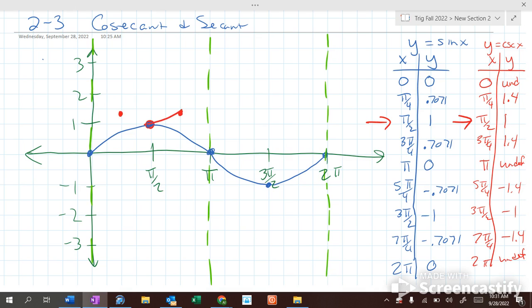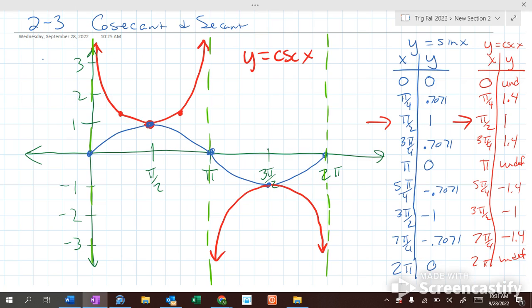So what happens, it kind of looks like a parabola. And that is the y equals cosecant of x curve. Okay? Y equals cosecant of x. Looks like that.